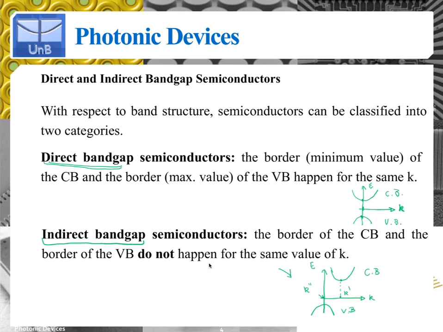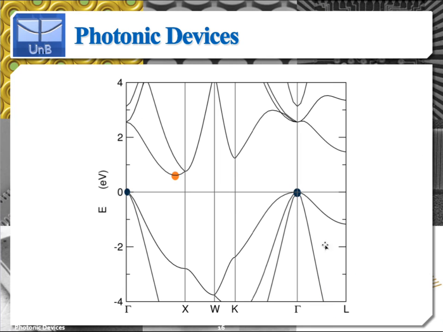When this happens, we say that the semiconductor is an indirect bandgap semiconductor. If you recall, in our last lecture, we looked at the band structure for silicon. And if you notice, this is what happened there. So this is what I'm talking about right here. And if you look at the valence band and the conduction band, the border of the conduction band is here.